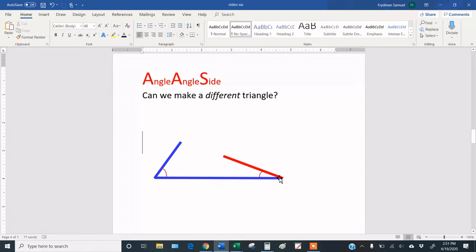Let's try something else. Maybe instead of making this side longer, what if we made it shorter? Now it started right about here. What if I brought it to, let's say, right about here? And let's make sure that we're not changing the angle. So now I have to move this side back to where it was.